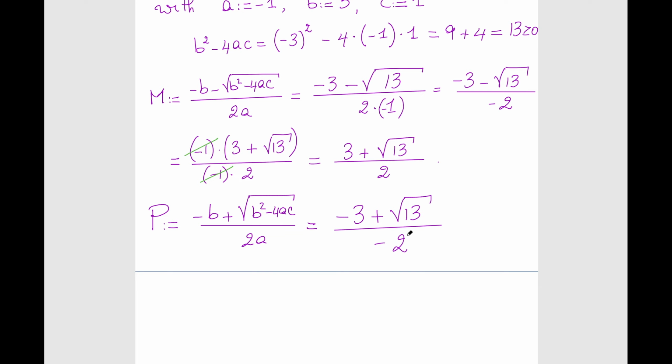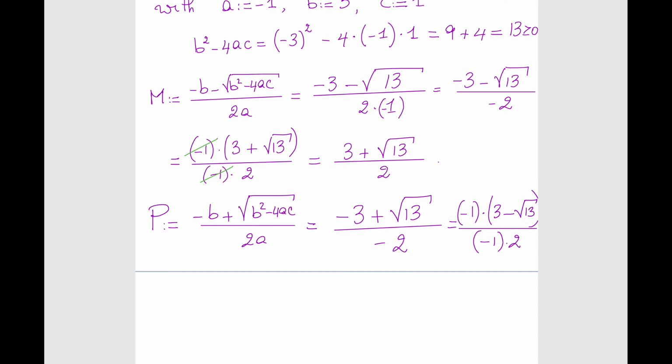You can stop here, or if you want, how about we still factor out a -1 and play the same game as above. If you do so, you're going to get -1 upstairs, 3 minus square root of 13, and the whole thing is divided by -2, and -2 is -1 times 2. I'm playing the same game.